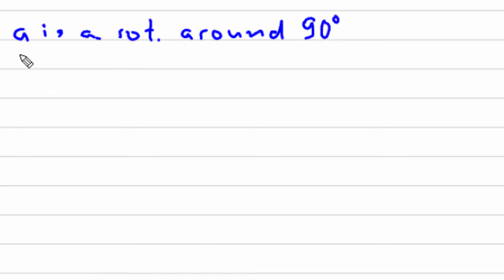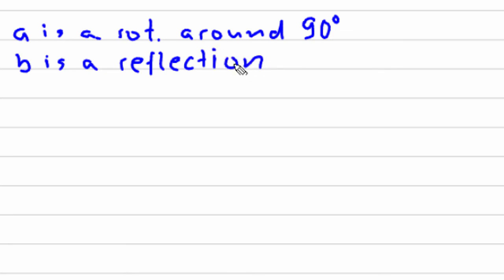And let's say that element B is a reflection. And in the first step, we will see what happens if we apply A times B to our square.